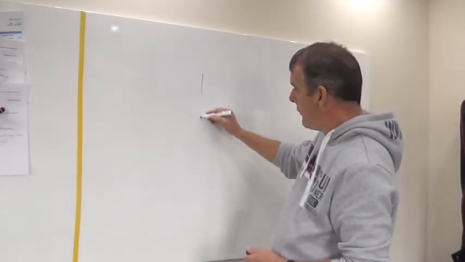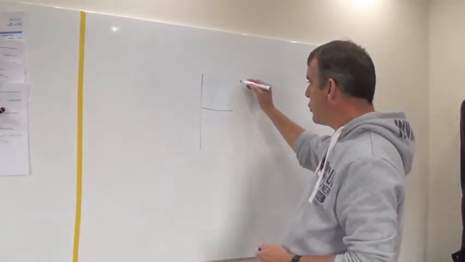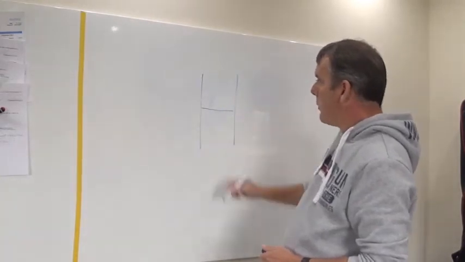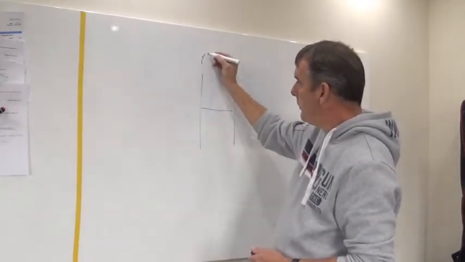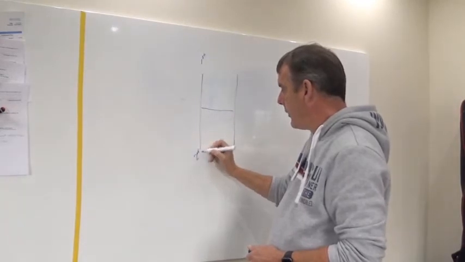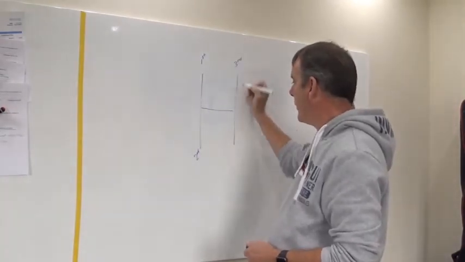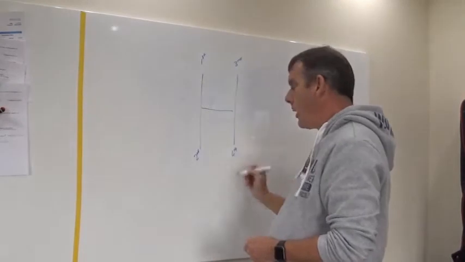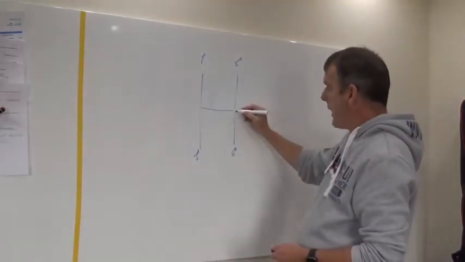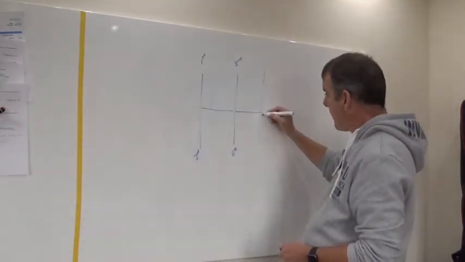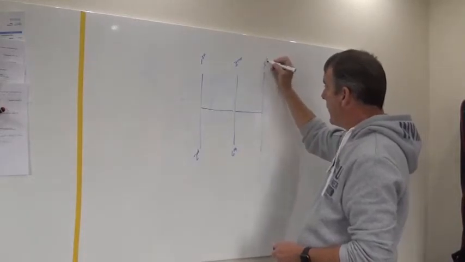The way I think about it, first of all, is if we draw an H, what we've got is first, second, third and fourth, and if we draw another H next to it, what we've got is fifth gear.